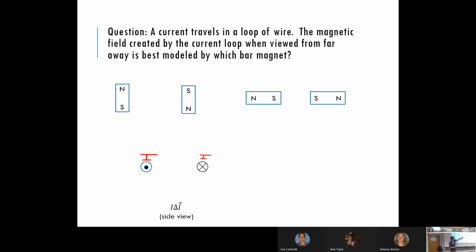The same thing with the current going into the board: because of that current, a magnetic field is generated that goes clockwise around that wire. Is that good? Yes. Okay, so that's all I'm drawing in here: the magnetic field due to those two separate pieces of the wire.